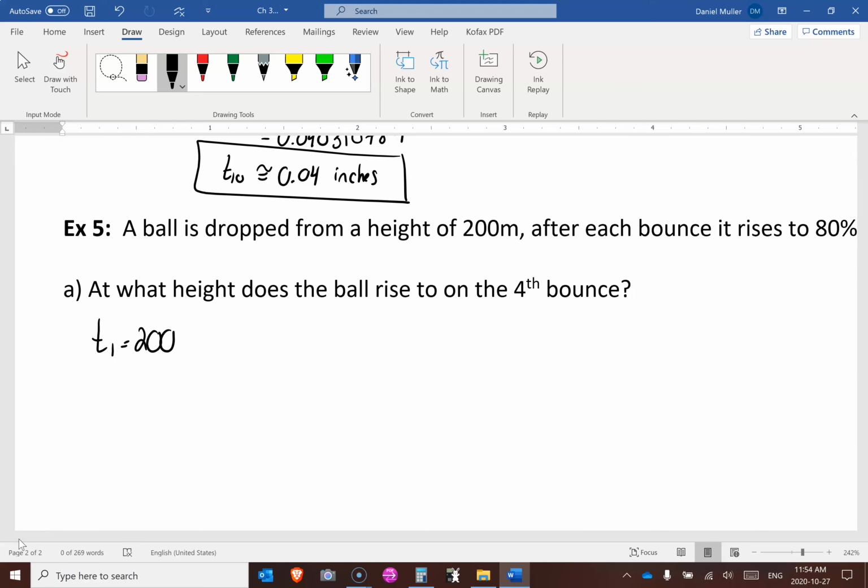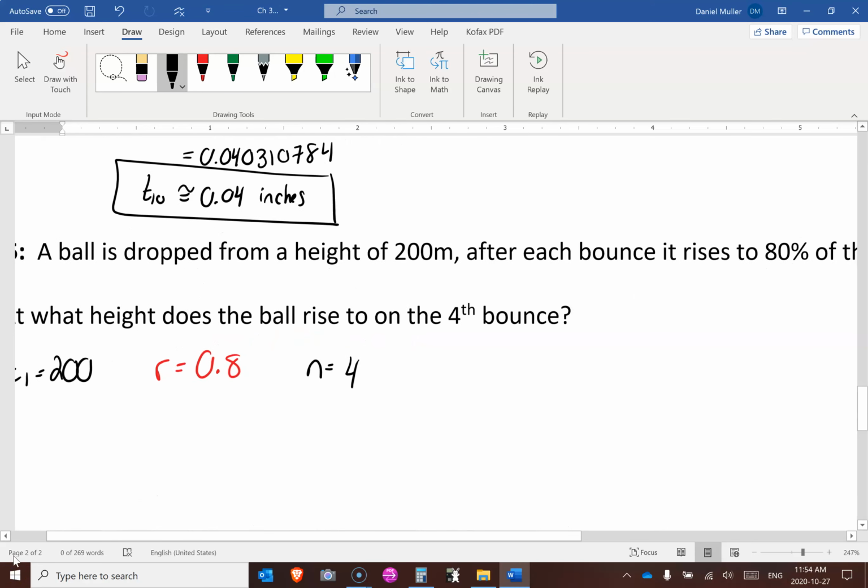Our ratio, r, here is 80%. It's going to be less than 1 because we're not getting larger, we're getting smaller. So it's going to be 0.8. And you would think n equals 4 because we're looking for the fourth bounce. However, sometimes it's good to write this stuff down.